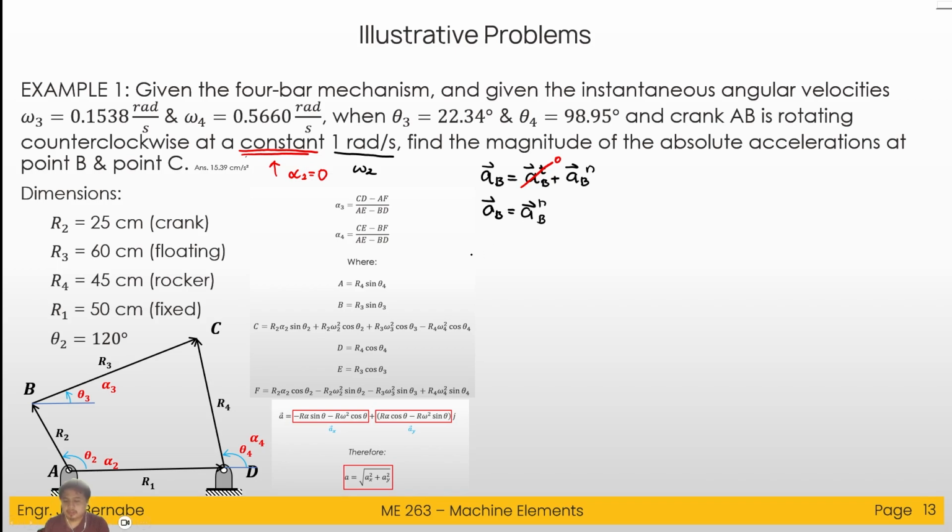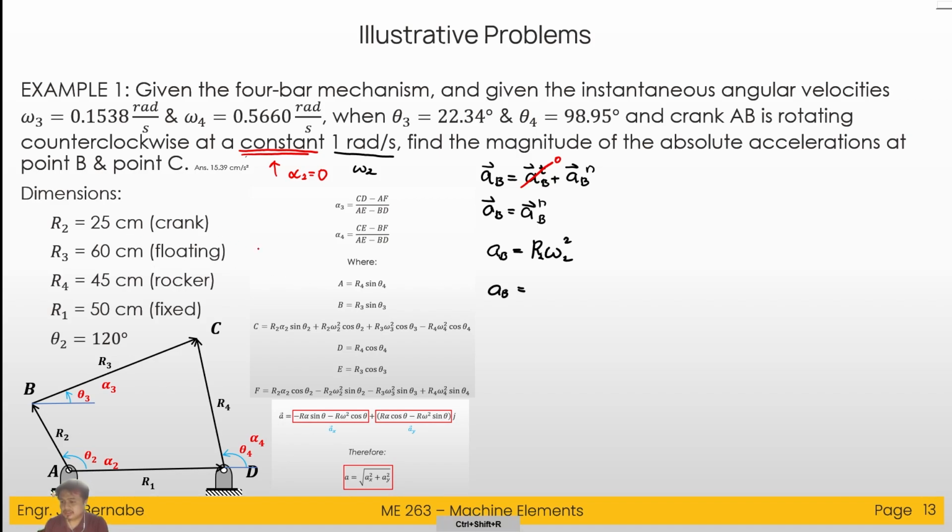So how do we find the total acceleration? We know that the normal acceleration is equal to r omega squared. That is the magnitude of the acceleration. So A_B is just equal to the normal acceleration. We have here R2 and omega 2, so we can just solve this directly.